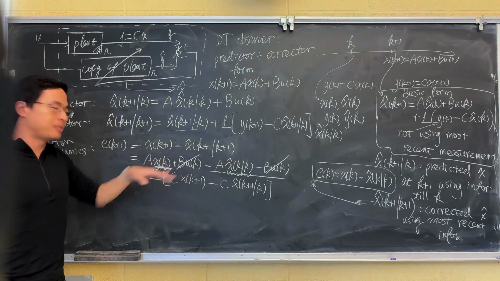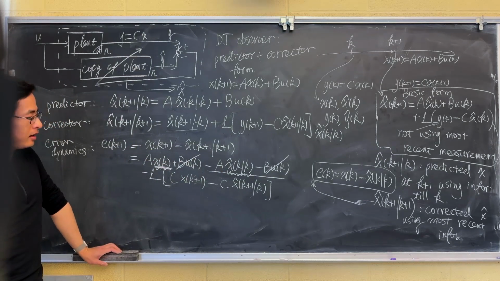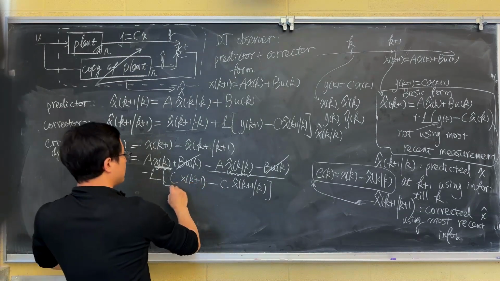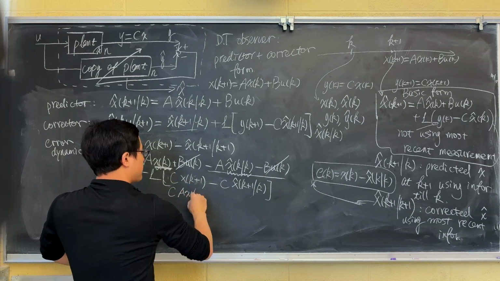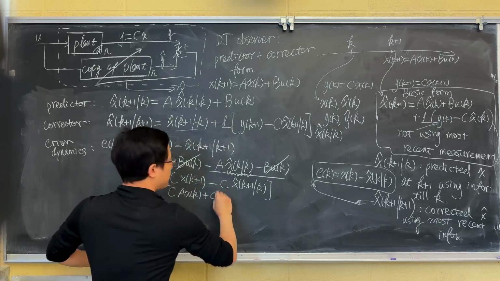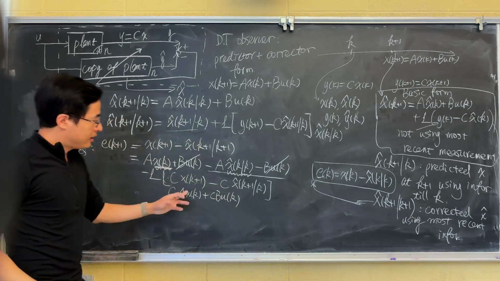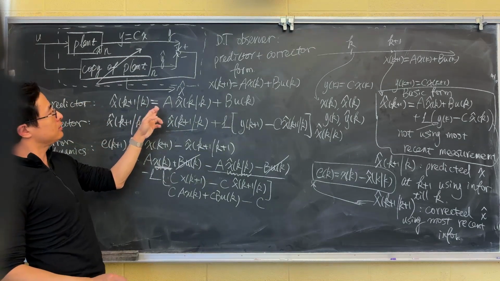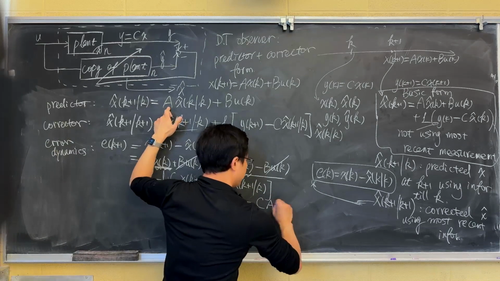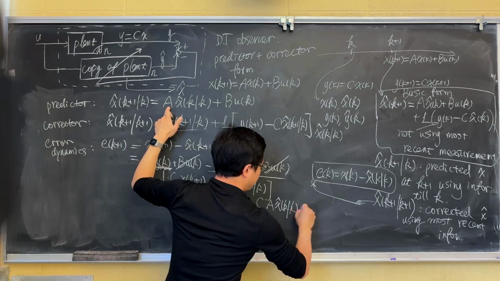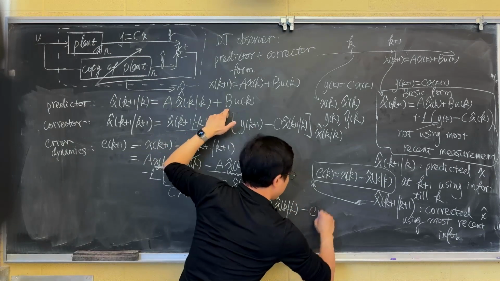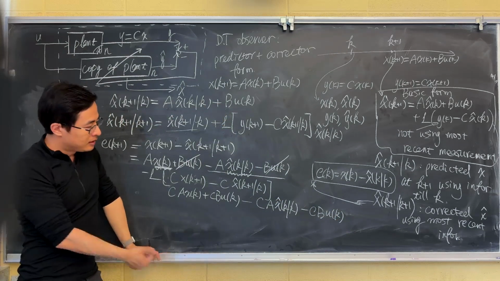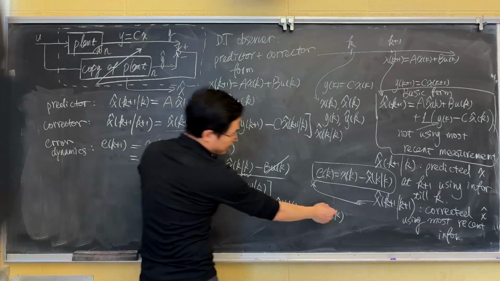The first four terms become very easy. The last part over here is also intuitive. So C x k plus 1 is C A x k plus C B u k, minus C times x hat k plus 1|k, so it's minus C A x hat k|k minus C B u k. And again, in all these observer designs, you can see the input actually doesn't matter.